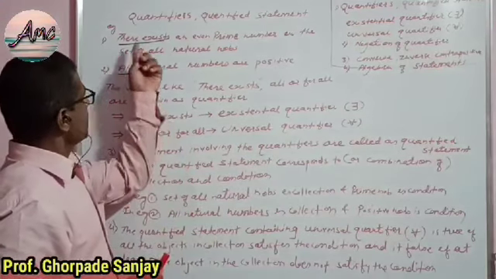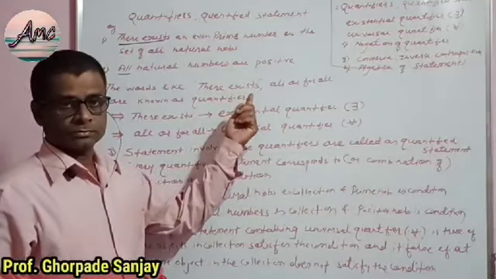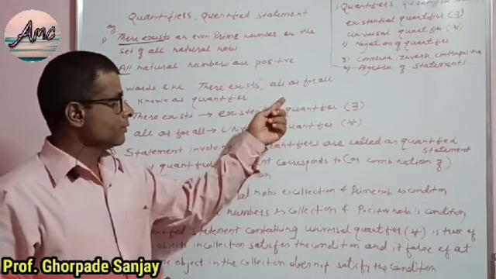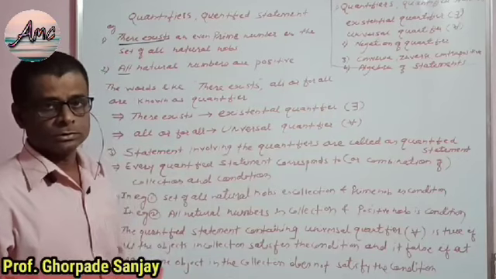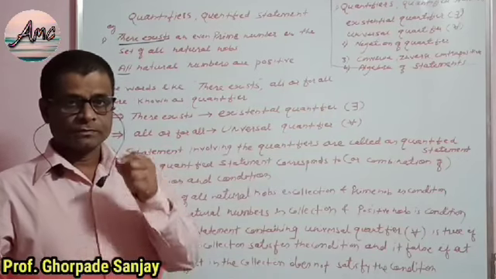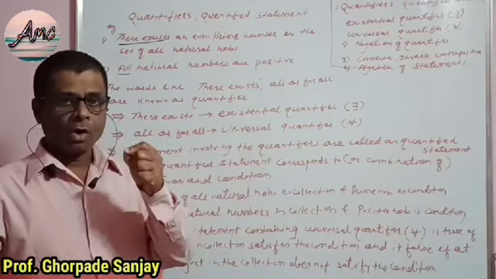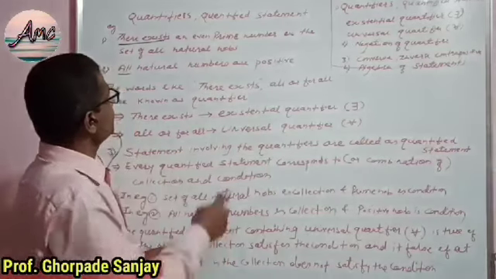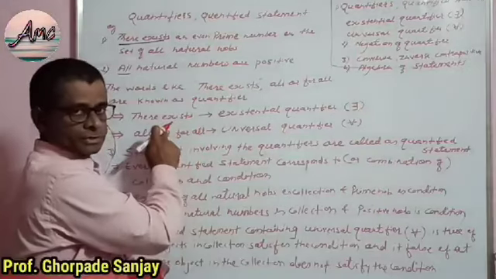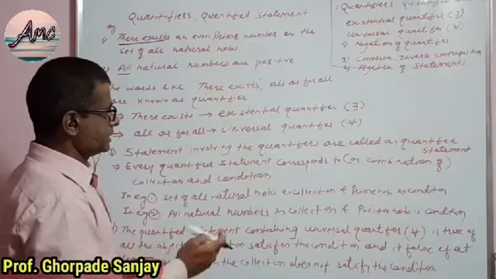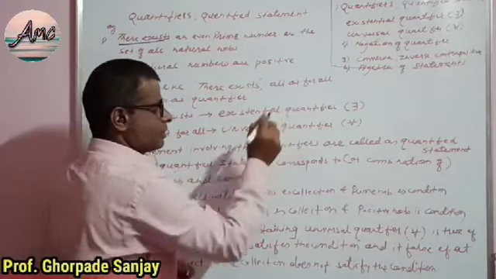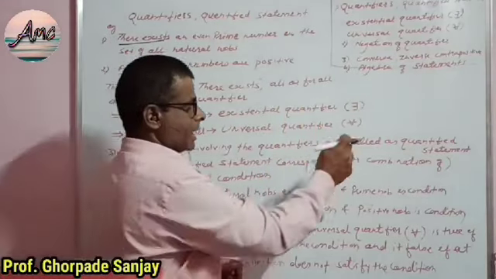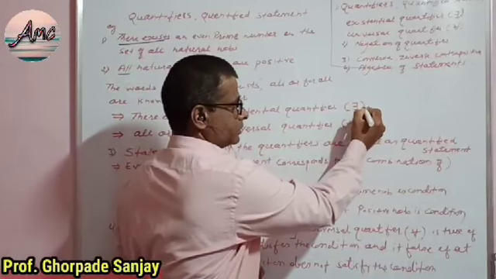So the words like there exists, all, or for all, such words are called quantifiers. Now here the phrase there exists is known as the existential quantifier, denoted by the symbol.